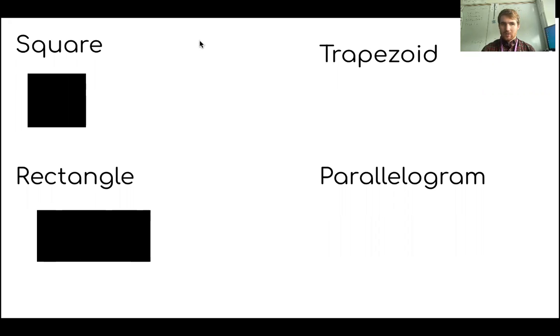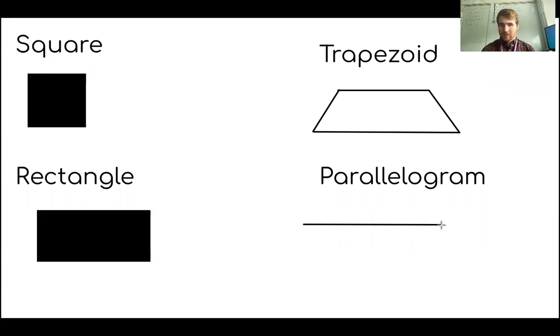Then we've got a trapezoid, and I'm going to have to draw this one by hand. Trapezoids have 2 parallel sides, but then the other 2 don't have to be that way. And a parallelogram has 2 sets of parallel sides, something like this.